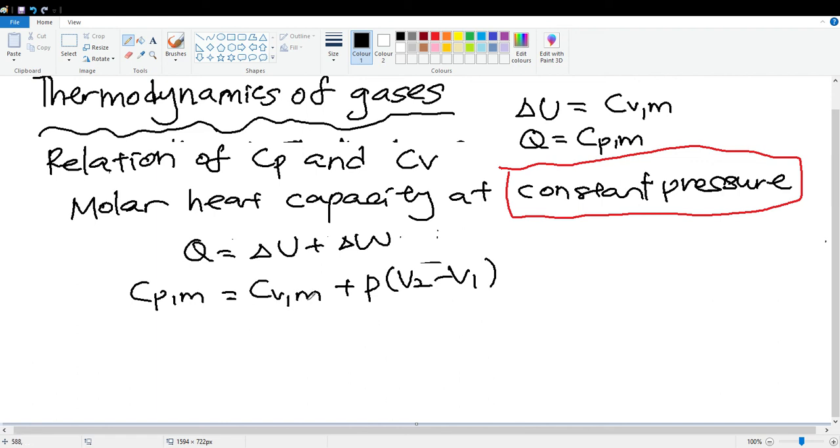Why can we substitute this internal energy as Cvm?